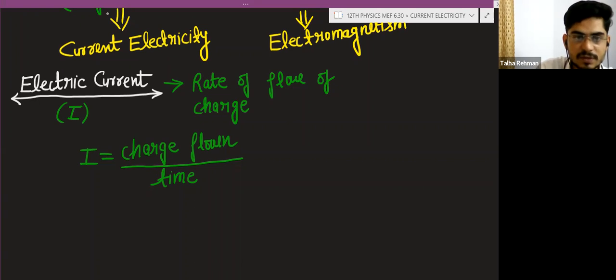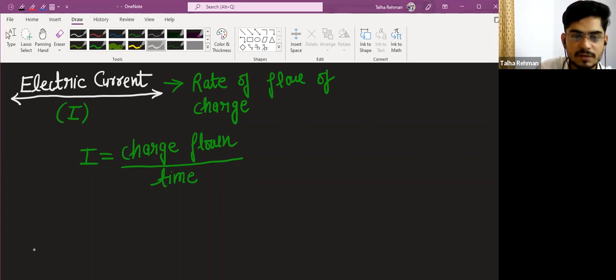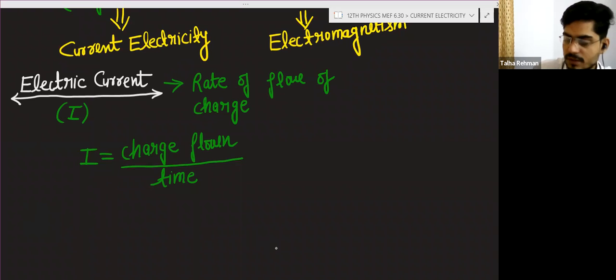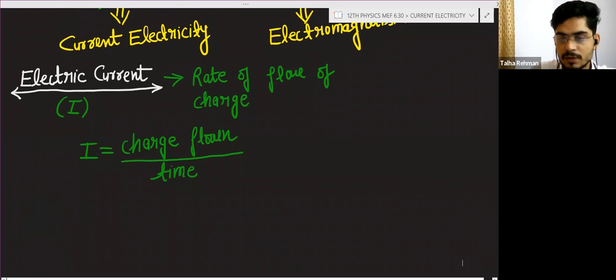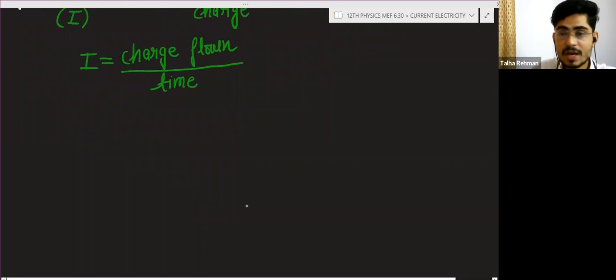So same the case is here. Instantaneous current and average current.